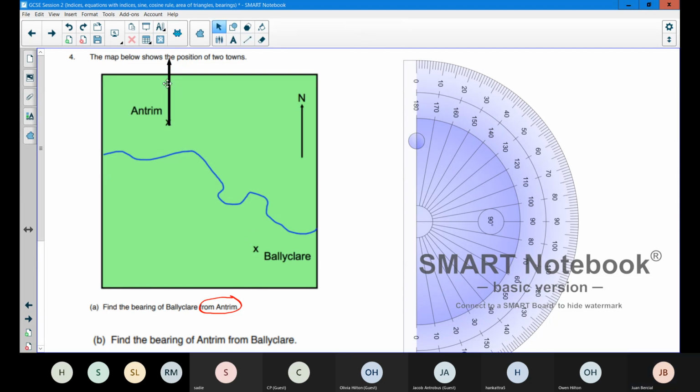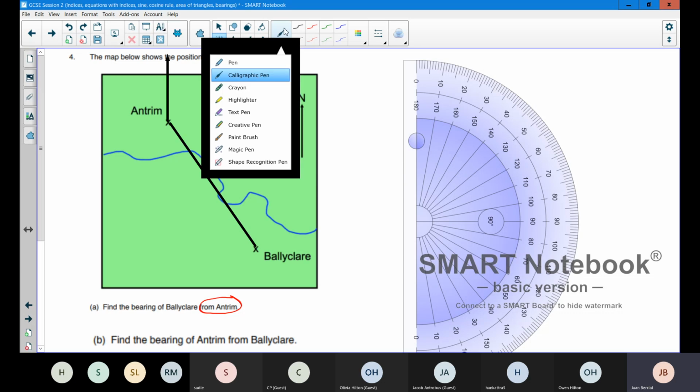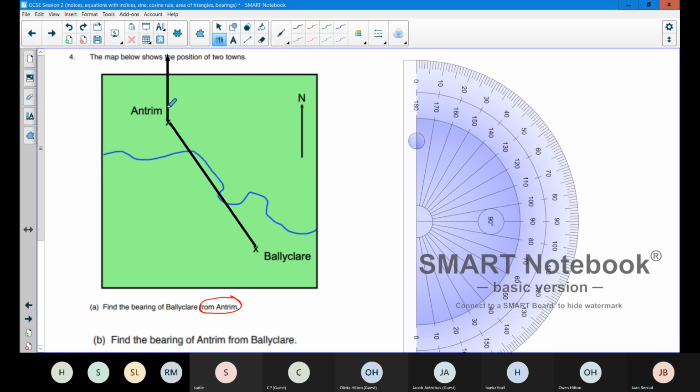Let me place the arrow. I put the arrow there. I'm going to now join Antrim with Ballyclare there. So the bearing is this one here, that angle measured from north.